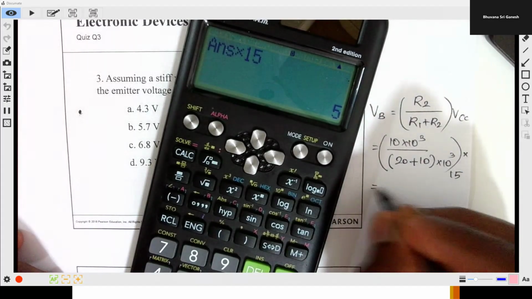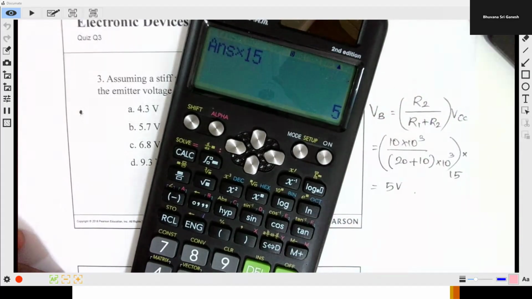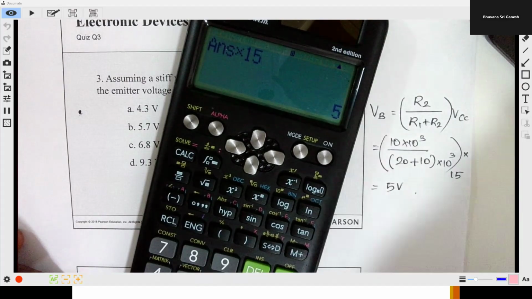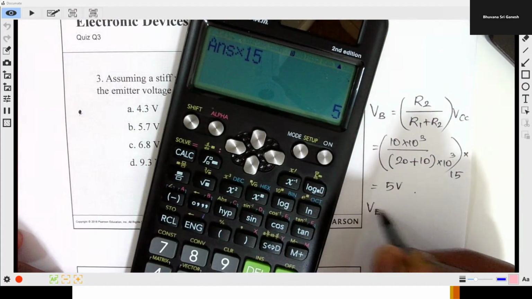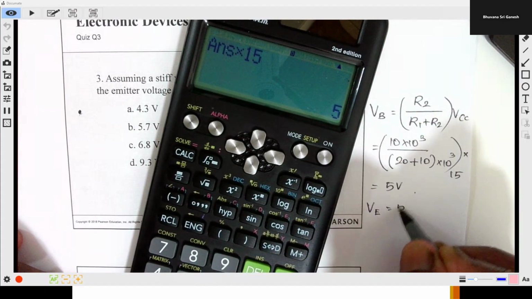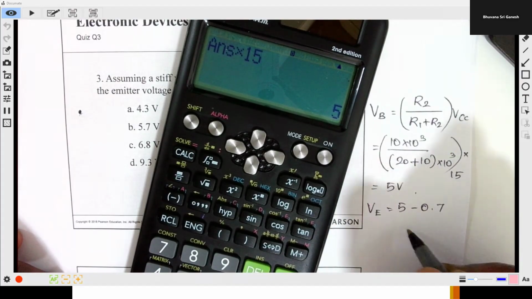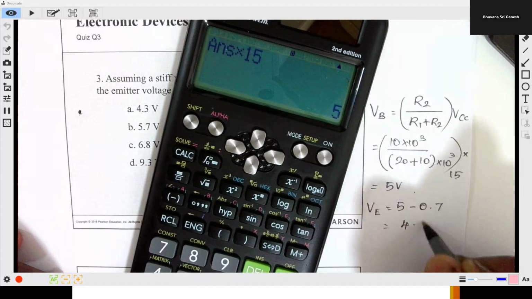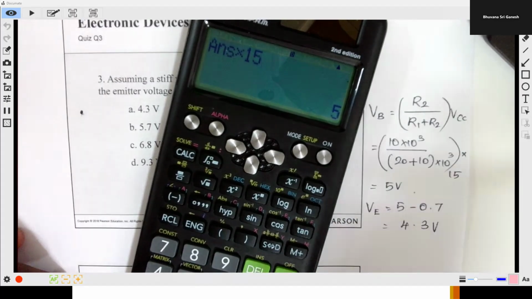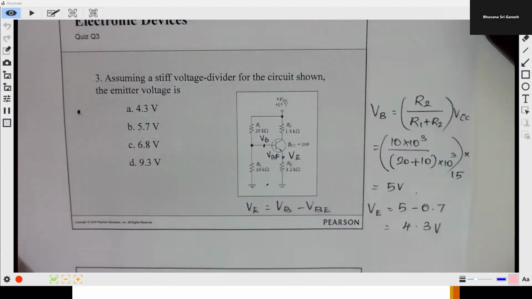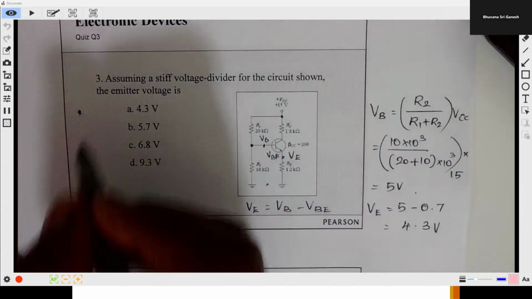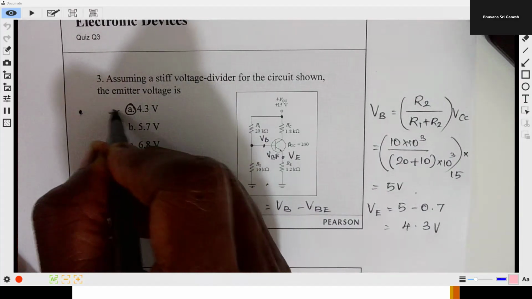So VB is 5 volts. Next, VE equals 5 minus VBE, which is always 0.7 volts, so you have 4.3 volts. VE is 4.3 volts. So A is the answer.